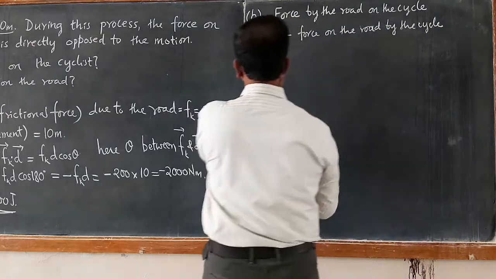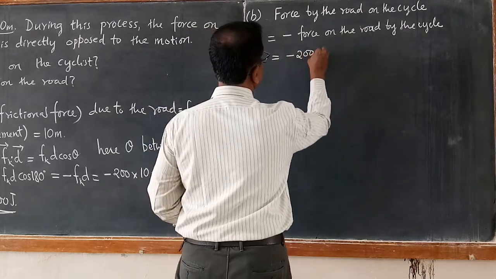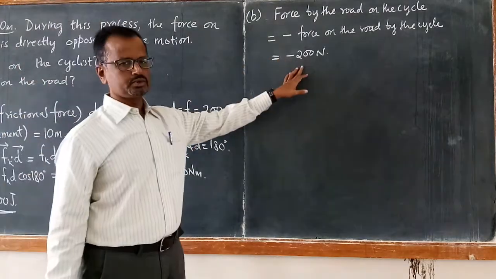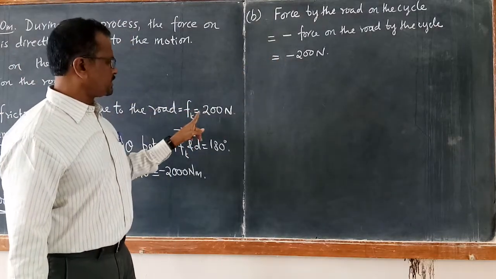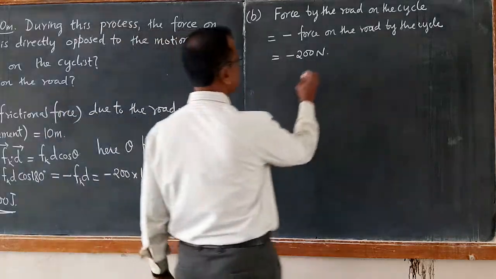So if you take minus 200 Newton here, it will become plus 200 Newton there. If you take plus 200 here, this will become minus 200. This is according to Newton's third law.